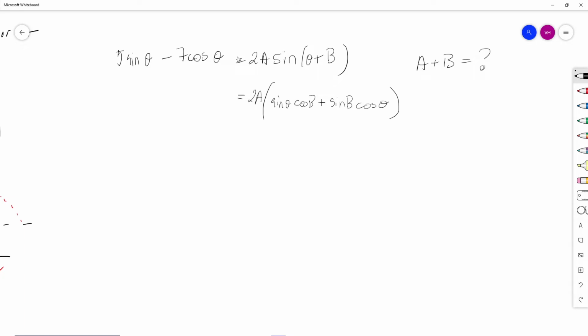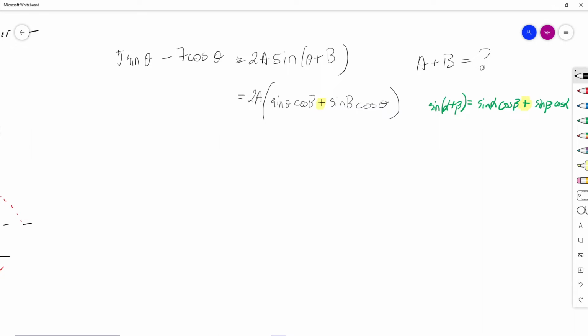This comes from the trigonometric identity of sine alpha plus beta equals sine alpha cos beta plus cos alpha sin beta. It's also important that this plus remains a plus, because in the cosine rule the sign switches from a plus to a minus and from a minus to a plus. So in sines, it remains the same.